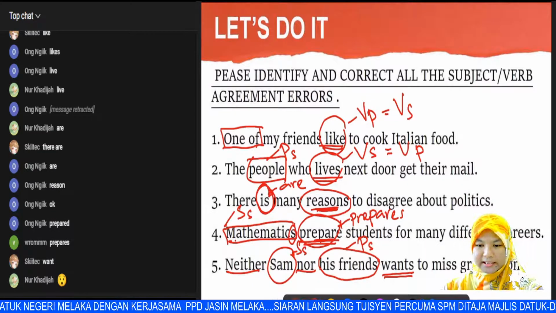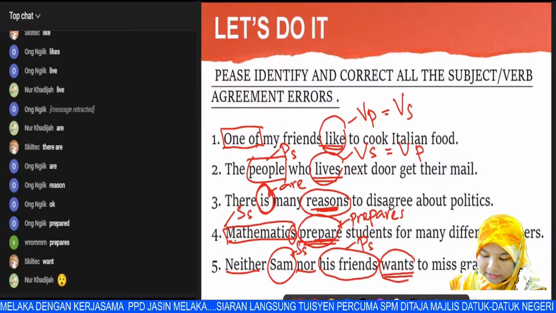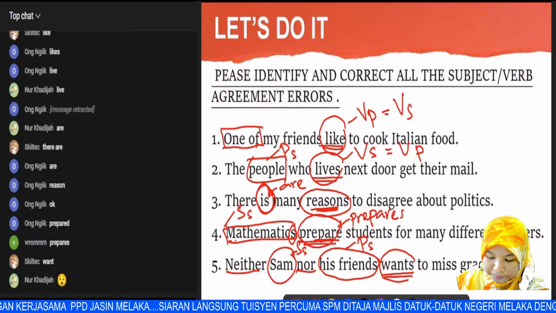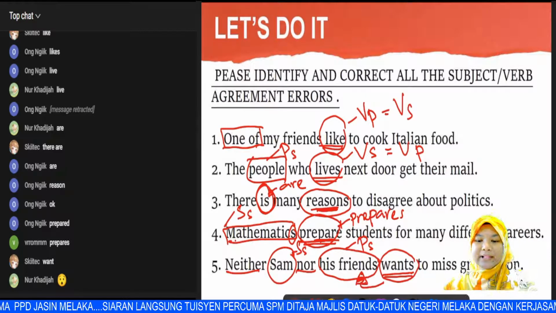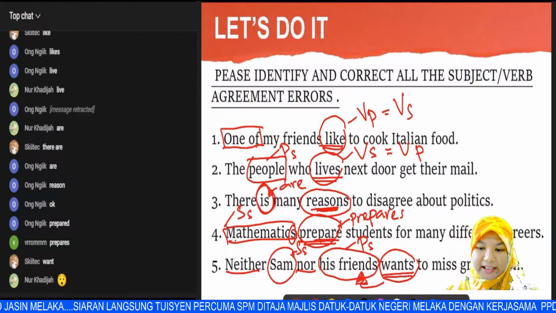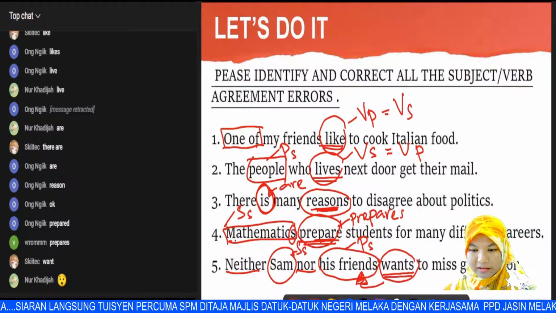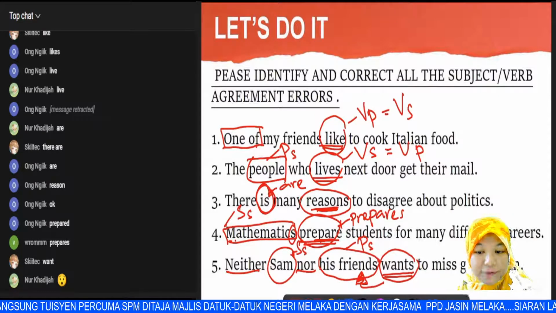It's actually saying that the verb here should complement the subject next to it, the subject that is beside it. So the subject which is the closest to the verb is his friends.